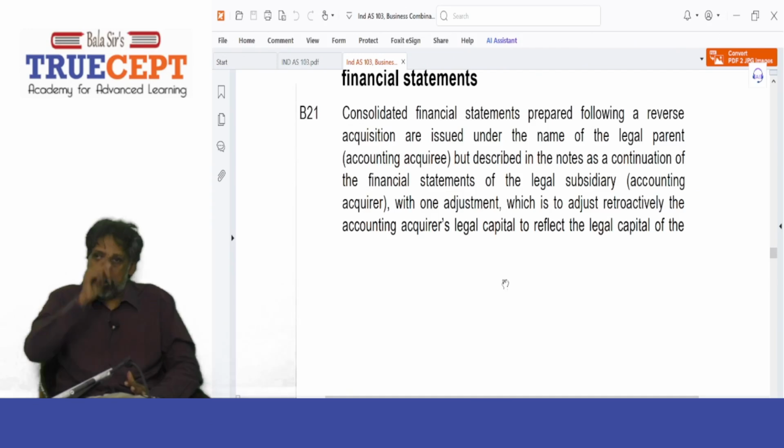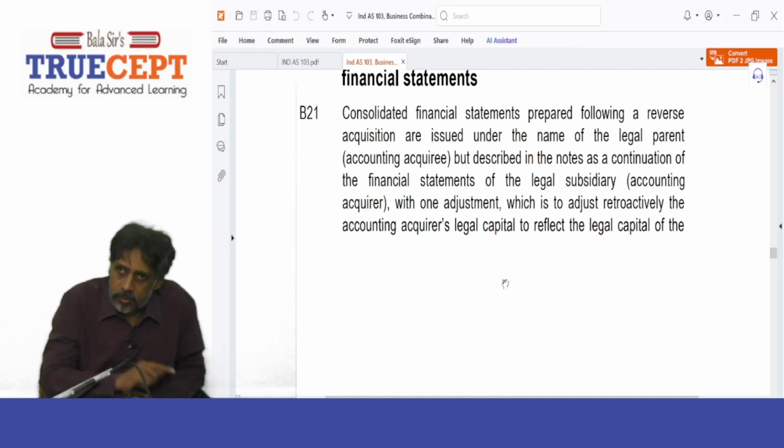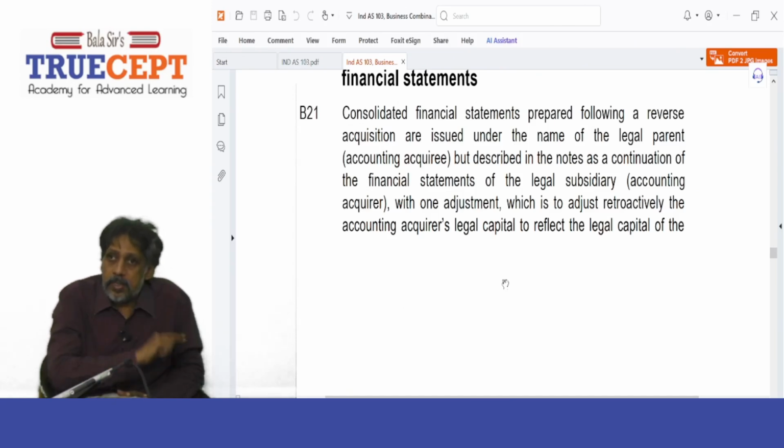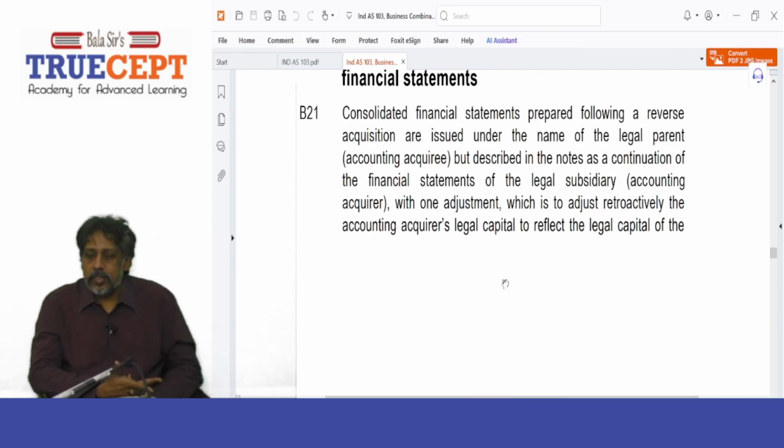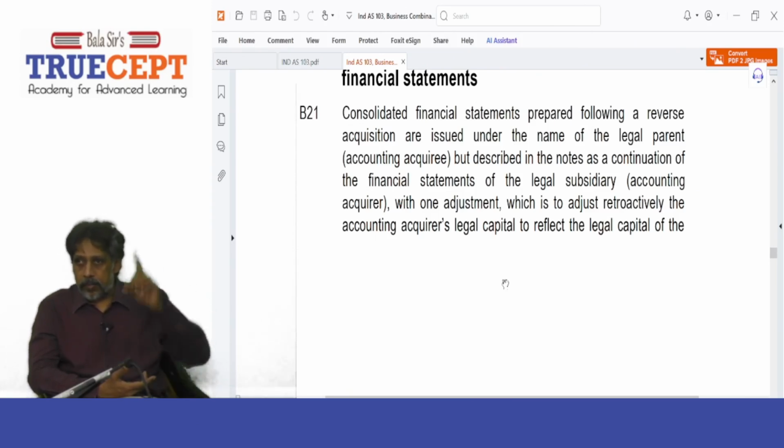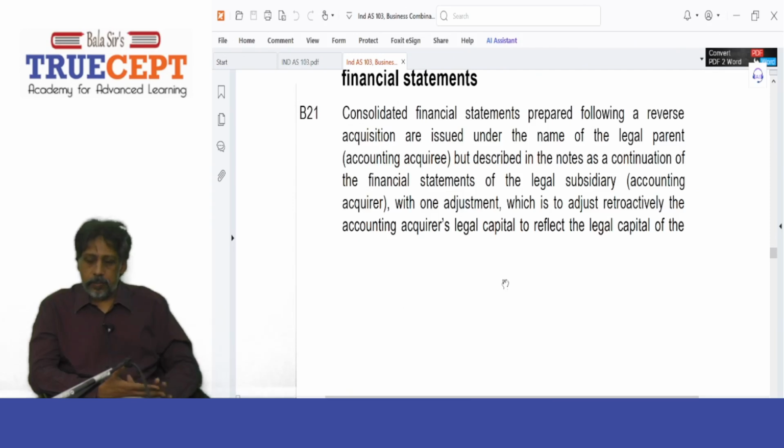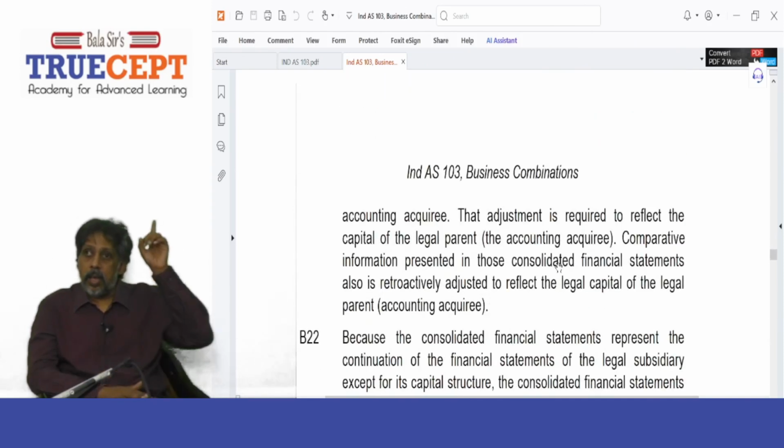That is, in the notes you have to say very clearly that B Limited is going to continue the business, even though the name is A Limited. Next. With one adjustment, which is to adjust retroactively, that is comparative information, the accounting acquirer's legal capital to reflect the legal capital of the accounting acquiree.